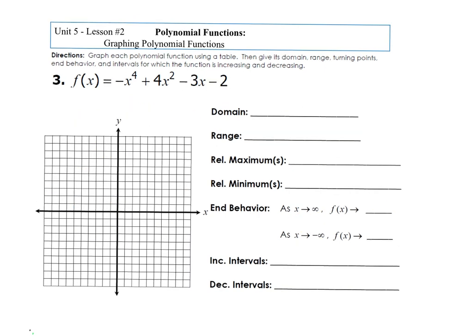All right, number 3, we have negative x to the 4th power plus 4x squared minus 3x minus 2. Let's graph this thing. I'm sorry, I know these look messy. So we have a quartic function. Both the arrows are ending down. We have a high point at x equals negative 1.57, then up to 6.49, which is about 6.5.